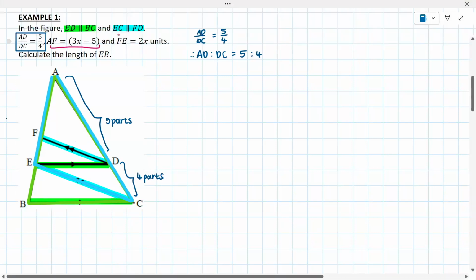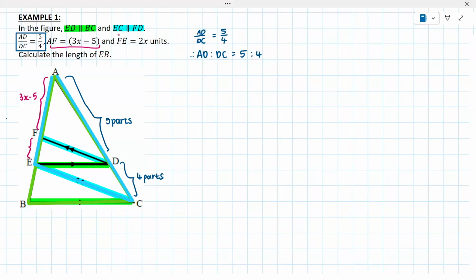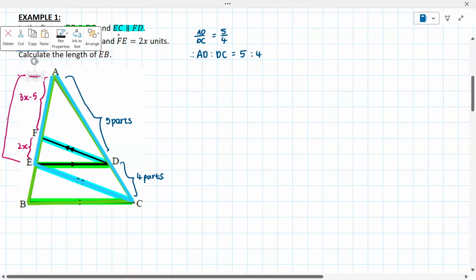So AF is 3x minus 5. So here's AF. FE is just 2x. Now, obviously, guys, bear in mind that that means that you know the length of AE. If you added those two together, it would be 5x minus 5. I don't like that it's there, but anywho, you get what I'm saying. So just bear that in mind.